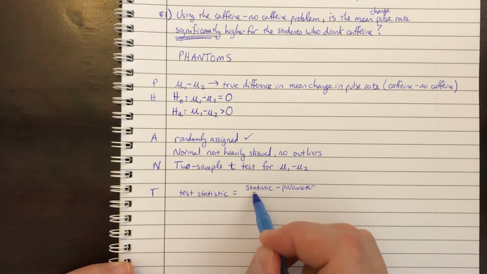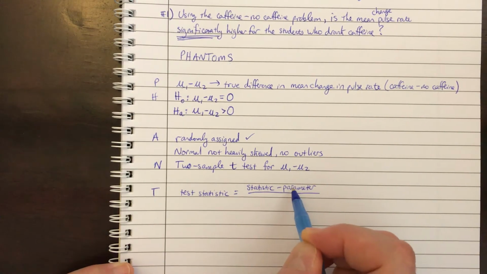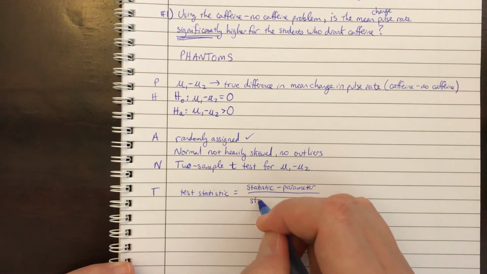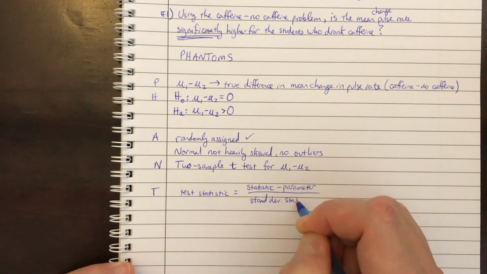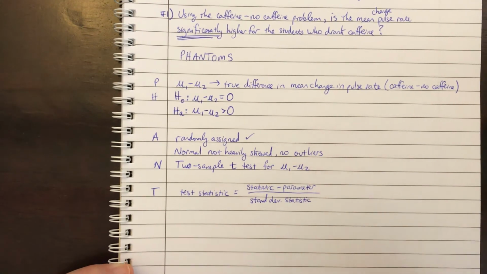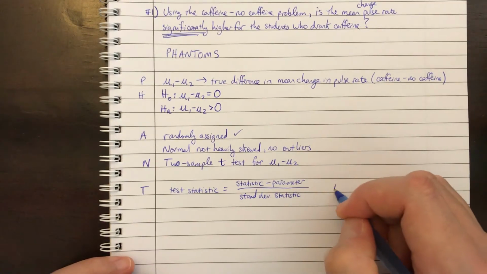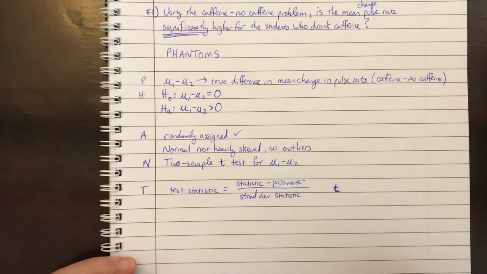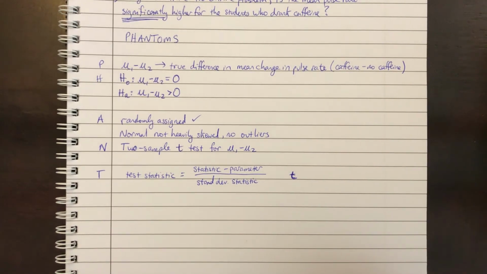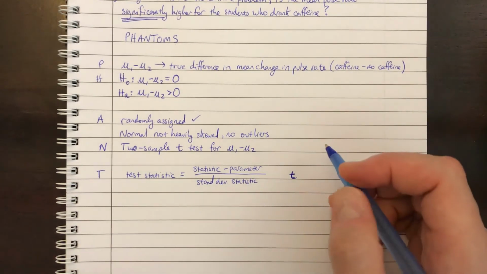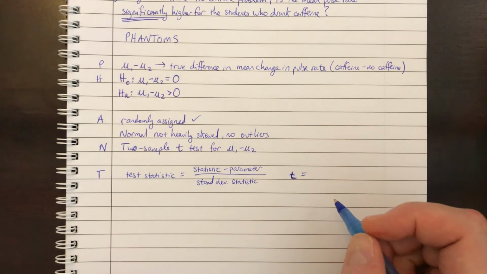This would be the sample mean, minus the true mean, divided by the standard deviation of the statistic, which in this case is the standard error. Now this is a t-value. We would use z if it was proportions, or if we knew the actual population standard deviation, but we don't know that.